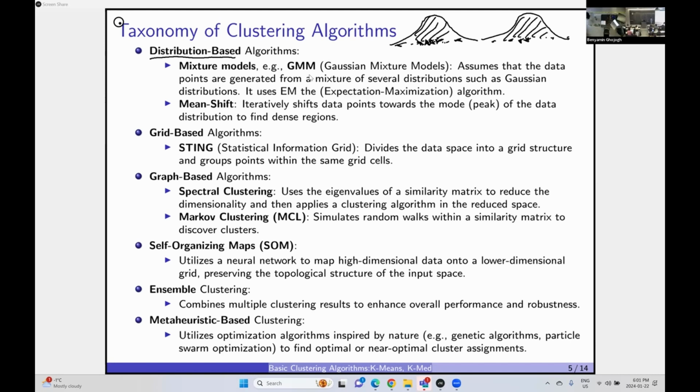And GMM, short for Gaussian mixture model, is a special case of mixture models when we have a mixture of Gaussian distributions. The most famous algorithm for fitting mixture distributions to data is expectation maximization.